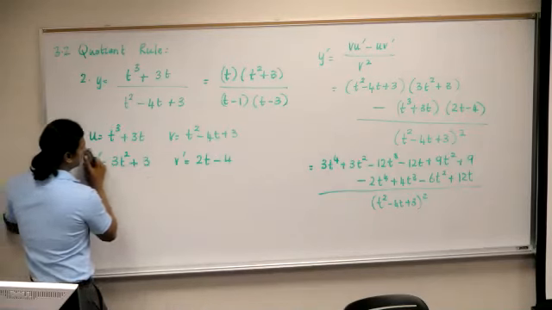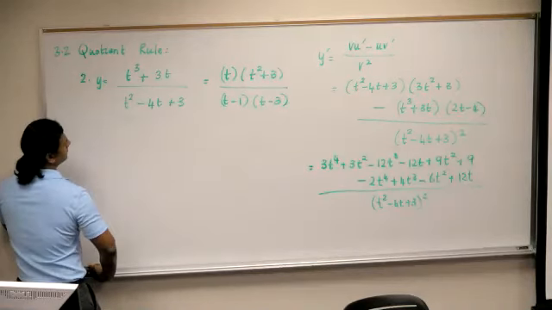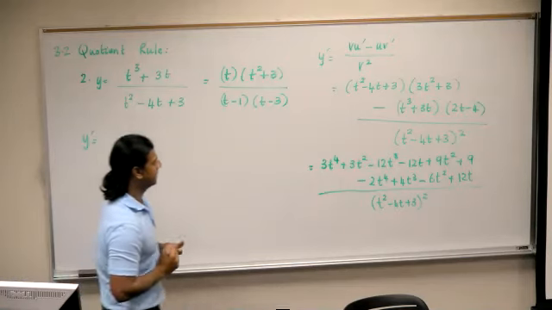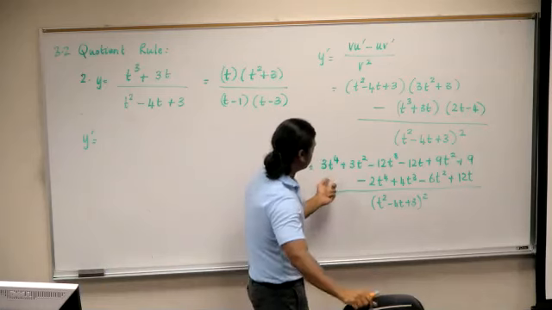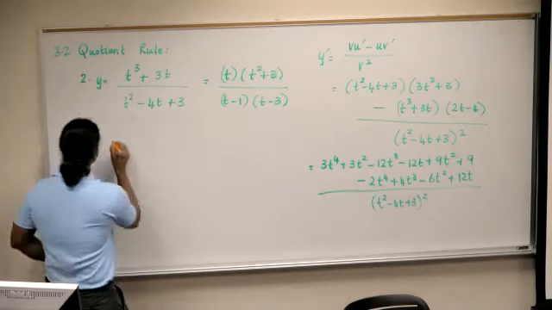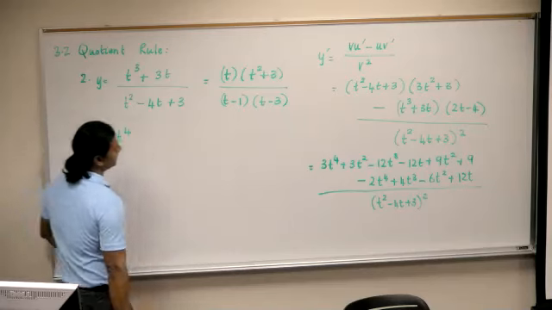Let's erase this side. Now combine like terms, so I've got 3t to the fourth minus 2t to the fourth, that would give me t to the fourth.